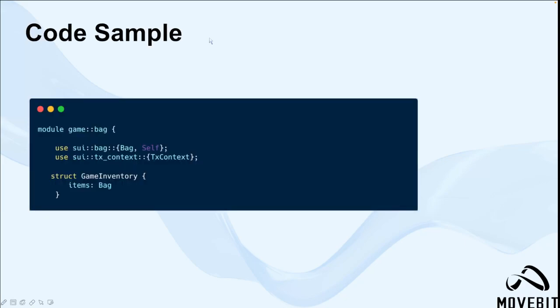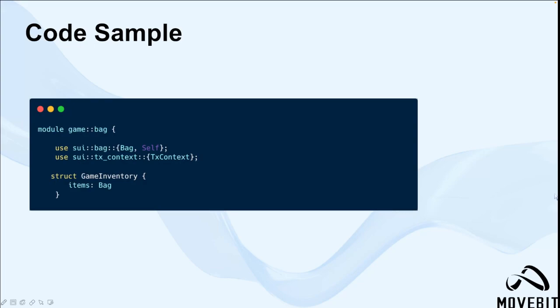So the module begins by importing the necessary components from the Sui standard library, including the bag collection and also the TX context for transaction context. The structure GameInventory is declared and has only one single field, which is a bag type.